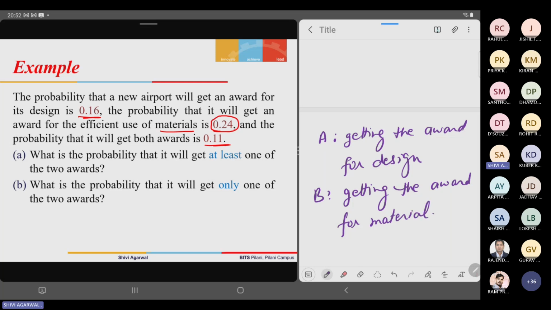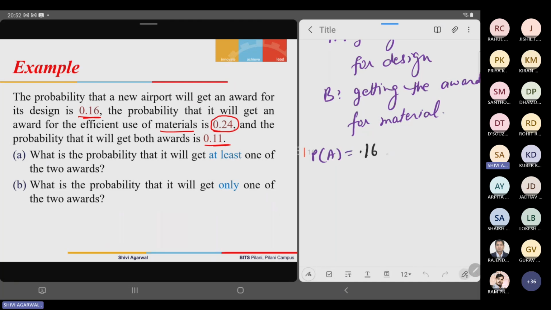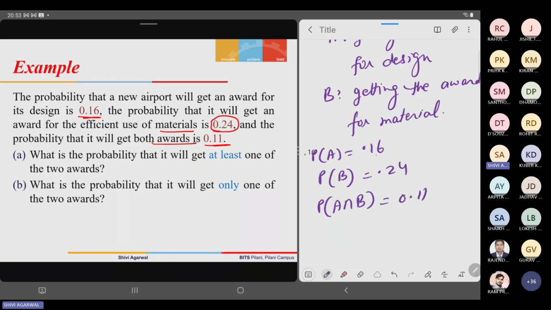What is given here? The probability of A is 0.16, the probability of B is 0.24, and for both awards, the probability of A intersection B is 0.11.